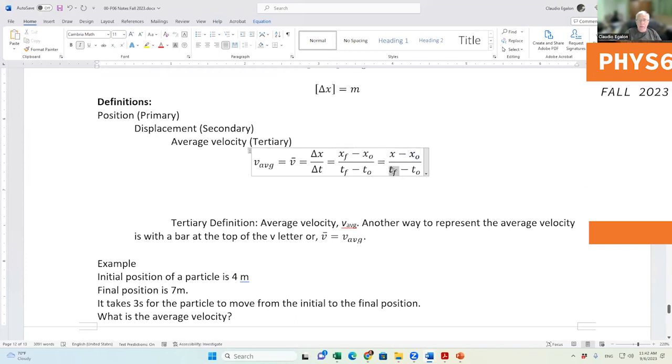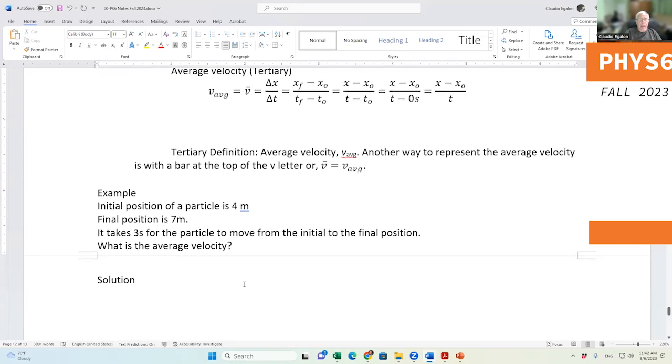We do the same here for the time, final instant of time. Another simplification that we do, it's not always, but most of the time, we can make t naught equal to 0 seconds. It's very convenient to do something like that.